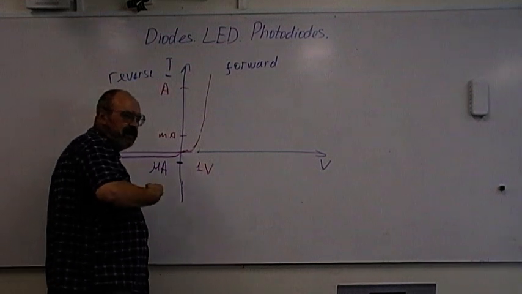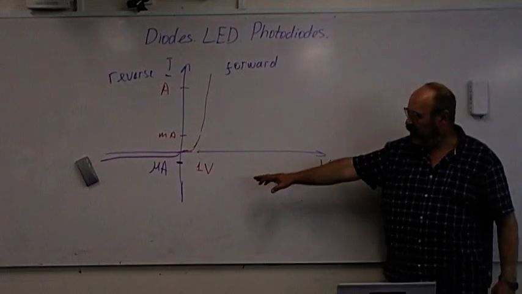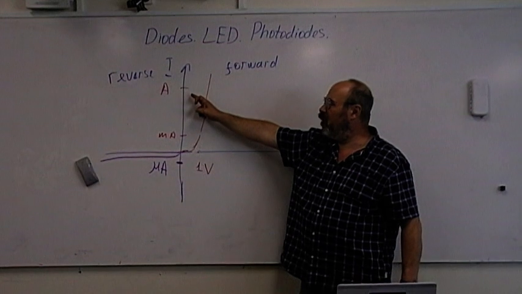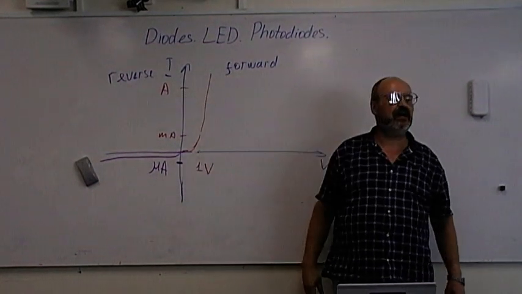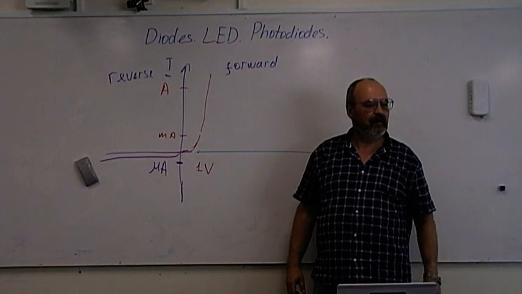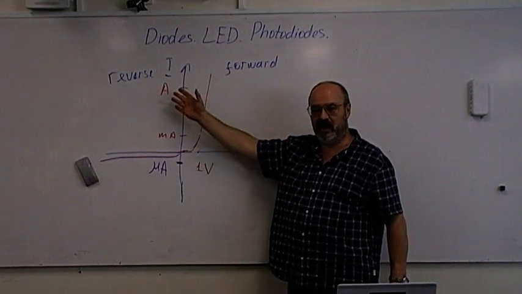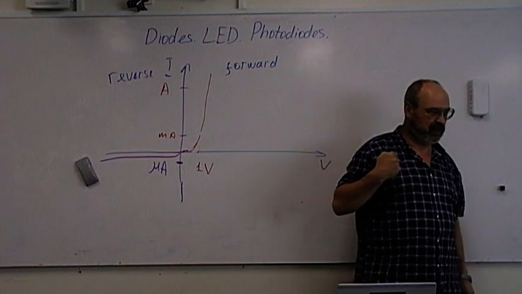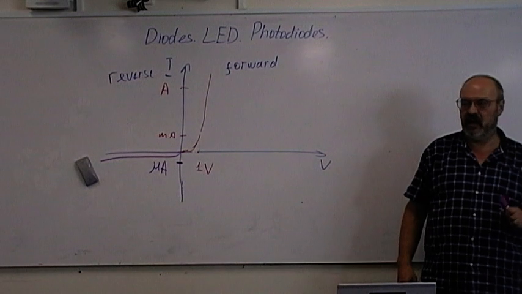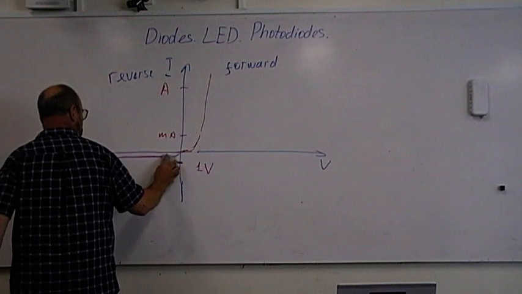Ideally we say it's zero, it doesn't allow current at all. In reality there can be some current getting through, but how many times is 1 amp greater than 1 microamp? A million times. So the difference between the current in forward bias and reverse bias is a million times. So for most cases, except the photodiode, we disregard this reverse current and say that it is zero.